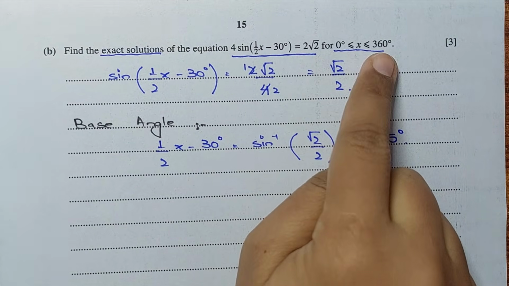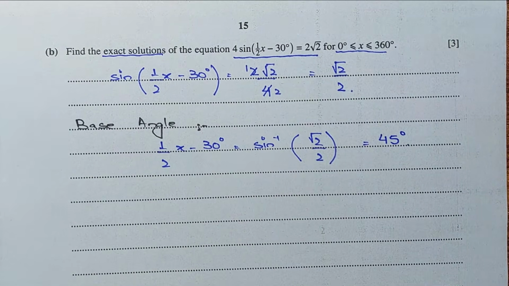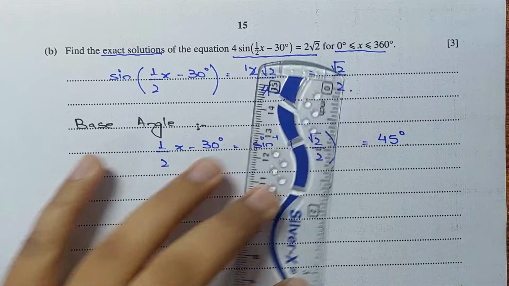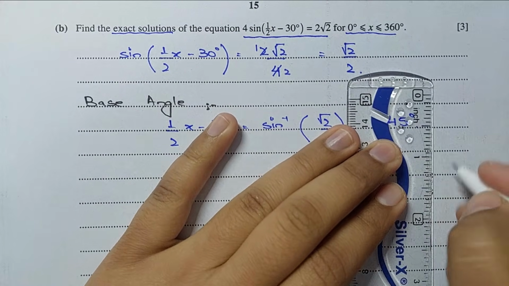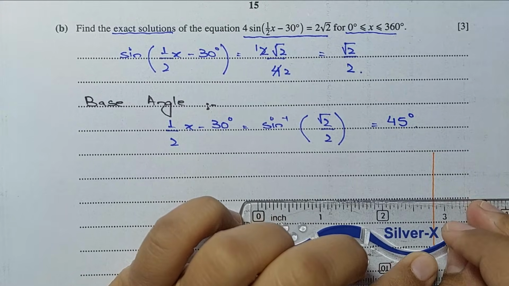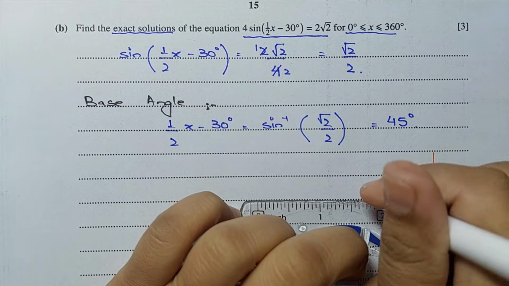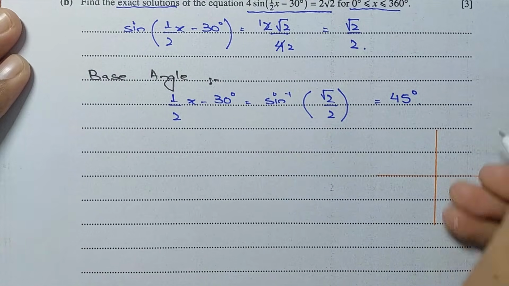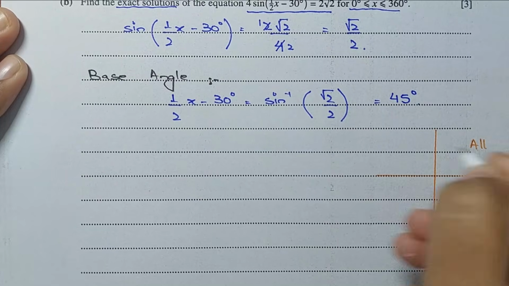Now this is from 0 to 360 degrees. We need to figure out in which quadrant sine is positive according to the coordinate diagram. Let me make this diagram. In the first quadrant, all trigonometric ratios are positive.